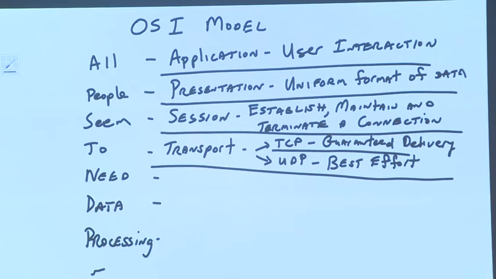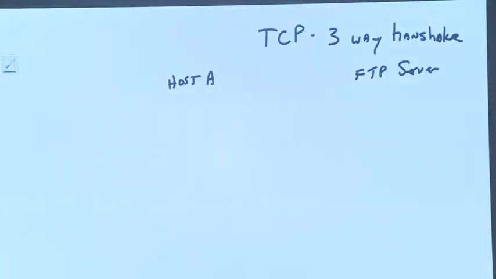So they're going to select how they want the data presented to them, and now we're going to start the establishment of this connection. What I'm going to do from host A is send a packet across, because I want to connect to you. So I'm going to be flipping the synchronization bit.